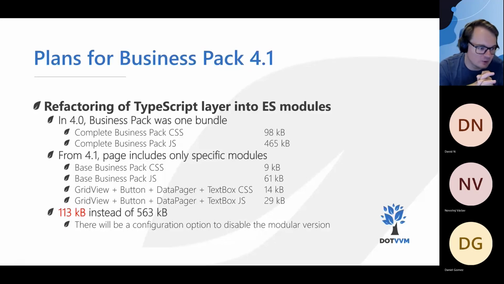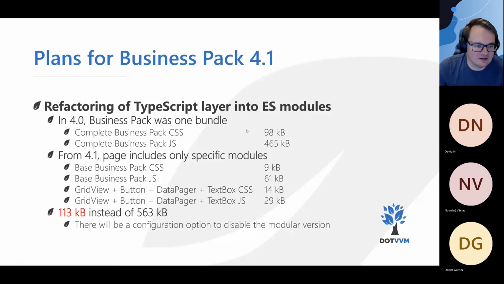We want to remove jQuery, but there are a lot of dependencies on that. So it will take us some time until we get rid of it completely. But like half of the controls are not using jQuery anymore. So that's also a thing which will save us like 90 kilobytes or something like that.